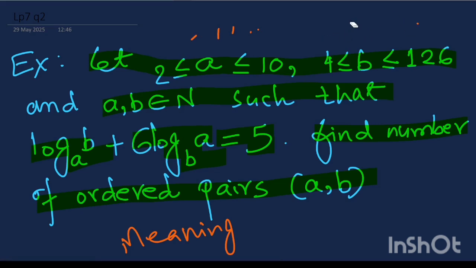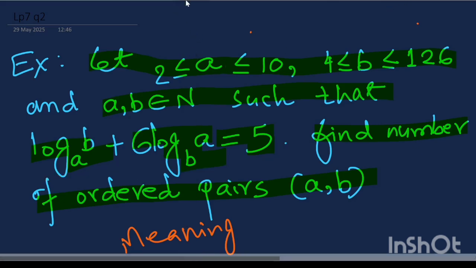Now A and B are also satisfying this equation. So we have to find ordered pairs, meaning the values of A and B which satisfy all the given constraints. So that is the meaning of the question.